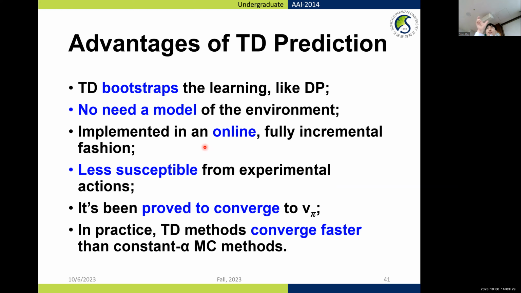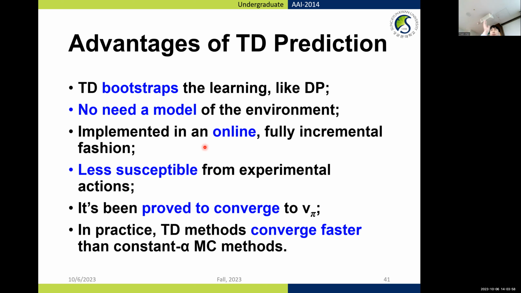We don't need to derive some incremental equation for it. It is online because once you move to the next state, we can already update the previous state. Less susceptible to experimental actions. This means that because we want to explore different possibilities, we want to try different actions. So those worse actions, we consider them as the experimental actions.